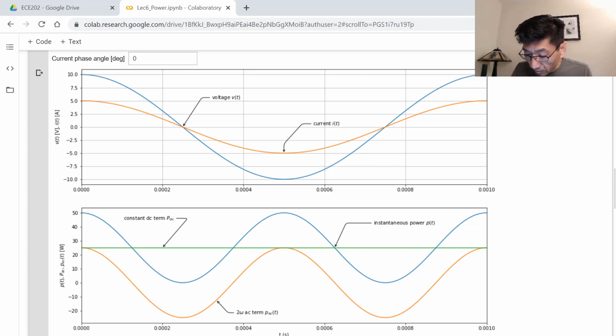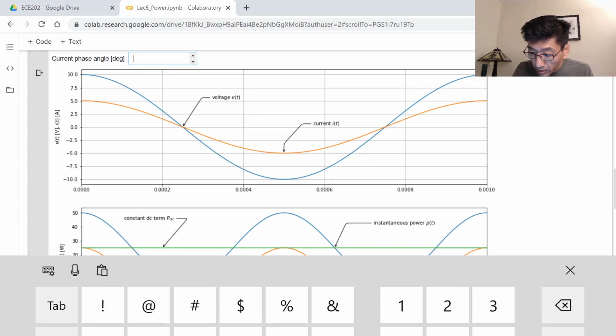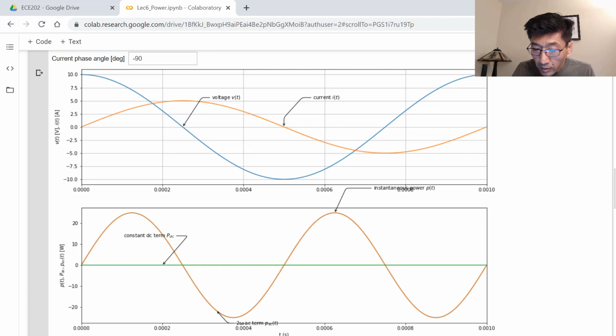These two add up to the blue one. Now for the inductance, which one is leading? Since v equals L di/dt, the voltage is leading the current by 90 degrees. So the current is lagging the voltage by 90, and I put negative 90 degrees there. Now the current is lagging the voltage by 90 degrees.